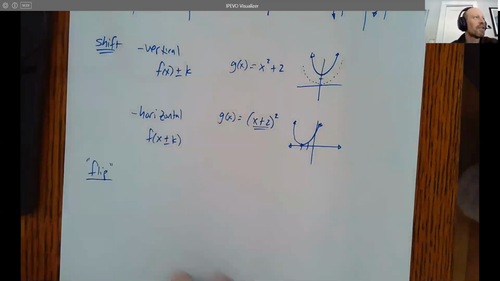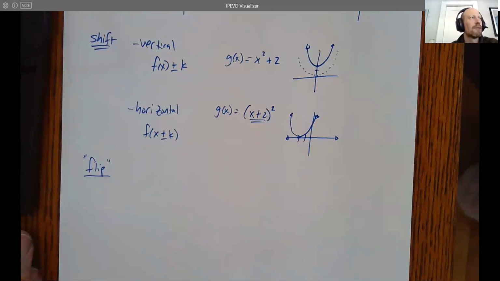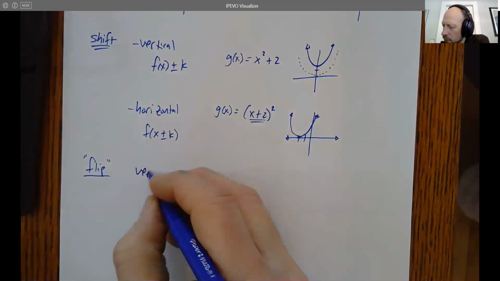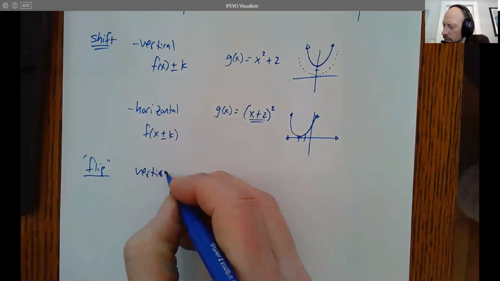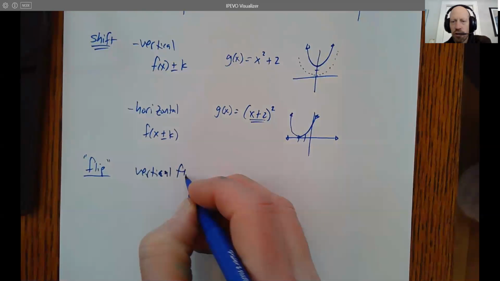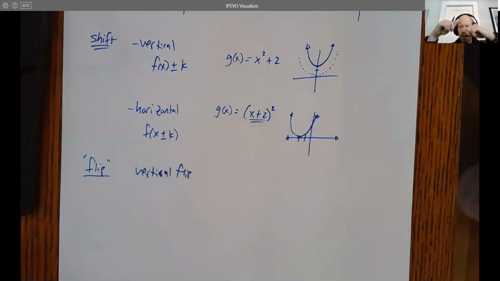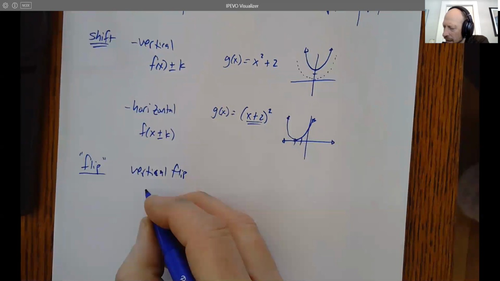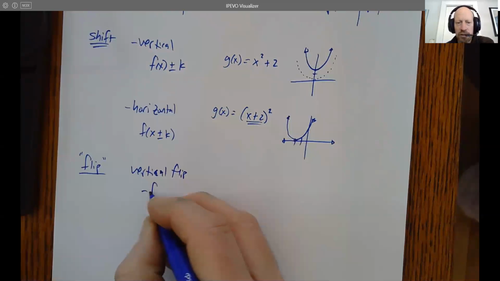We can also have what's called a flip. So a flip is where the function either flips kind of up and down or left and right across the axes. I call a vertical flip the up and down, and that happens by putting a negative in front of the function.